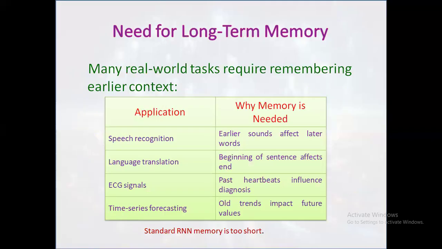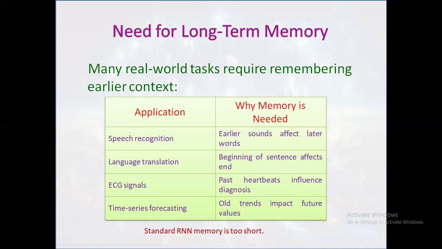Then why should we go for the need for long term memory? Many real world problems such as language translation, speech recognition, ECG signal analysis, and time series forecasting depend on information that appears much earlier in the sequence.